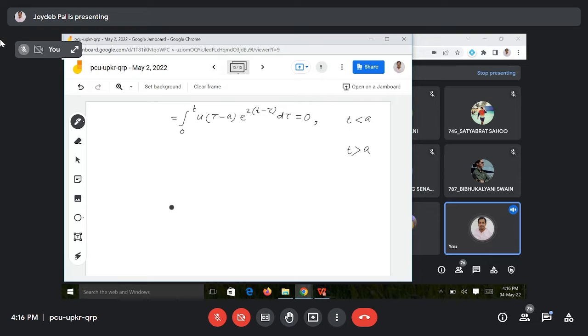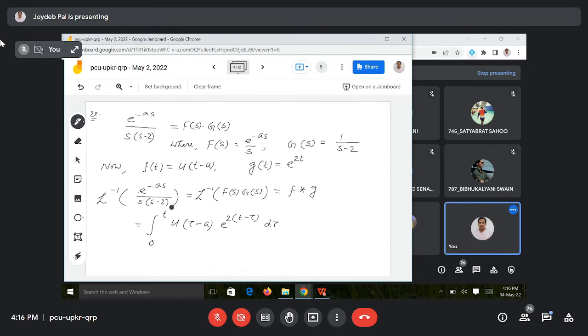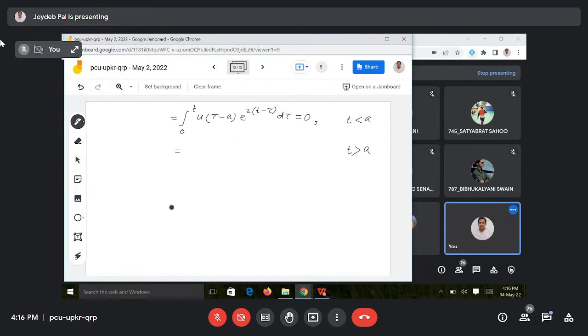So in the t greater than a case, we will split the previous integration into two integrations: 0 to a as one part and a to t as another part.